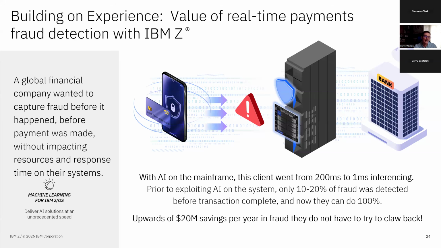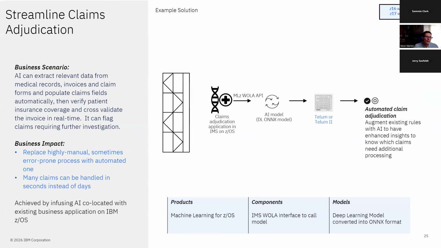When we come in and do an AI and Z discovery workshop with you, one of the most important things we talk about is the business value that it saves you as a client, right? So here's an example, streamlining claims adjudication. Going in a different direction here, by being able to extract the necessary data from, in this case, an IMS application, to be able to do a machine learning model to validate that this particular claim looks copacetic.